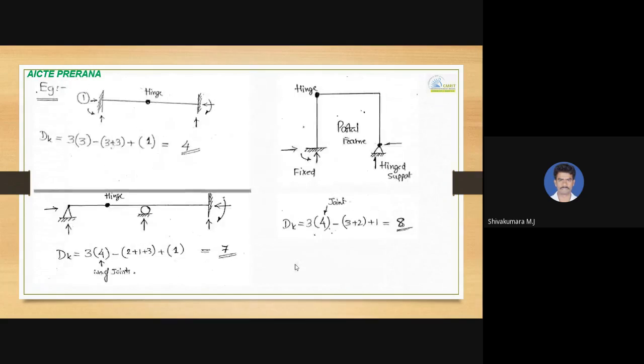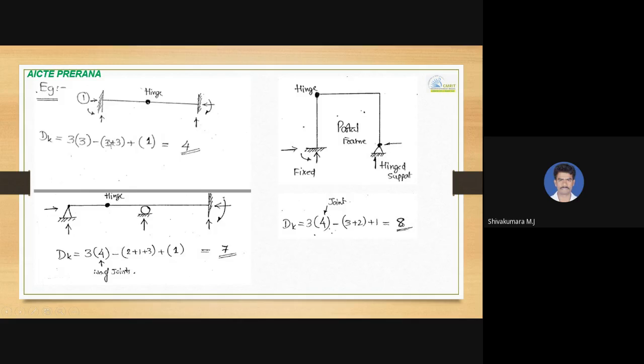Take an example problem: there is a fixed beam, but in between there is an internal hinge. The number of reactions is 3 over here and 3 over here, so totally 6 reactions. The number of joints is 1, 2, 3.